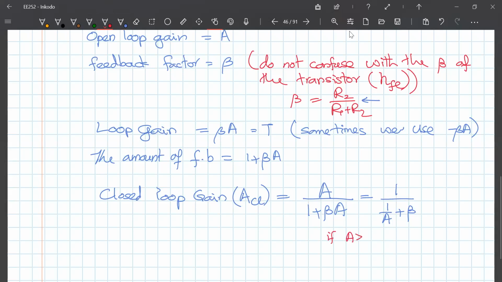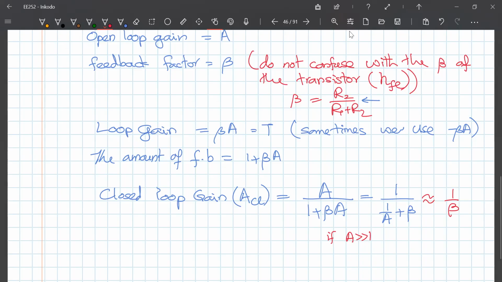If A is very large, much greater than 1, then this is roughly equal to 1 over beta, completely independent of A. The gain is only dependent on beta. Beta, remember, is less than 1, so 1 over beta is greater than 1. If I make beta equal to 0.1, my gain will be 10 instead of 100. Maybe A was initially 100. Now I use 1/10 of the output and feed it back to the input. Then 1 over beta is 10. So my gain goes from 100 to 10. The gain is reduced.